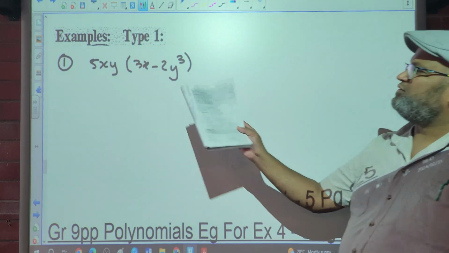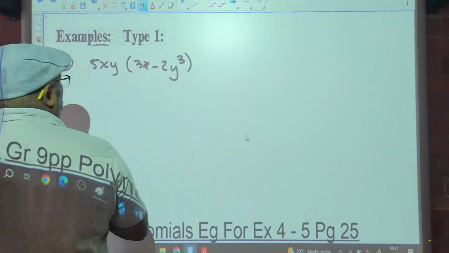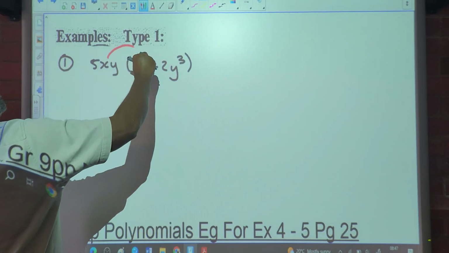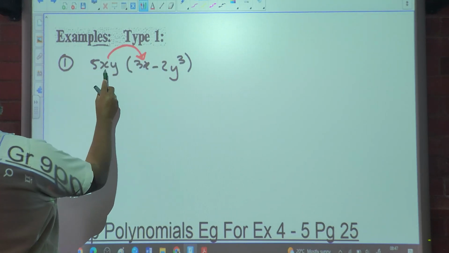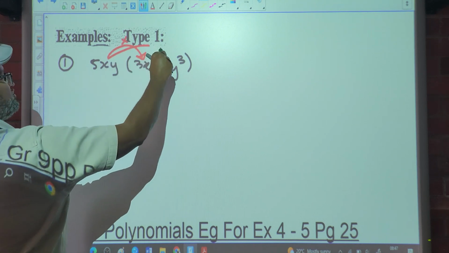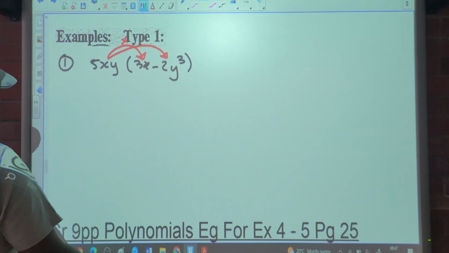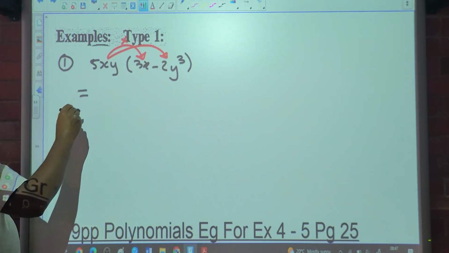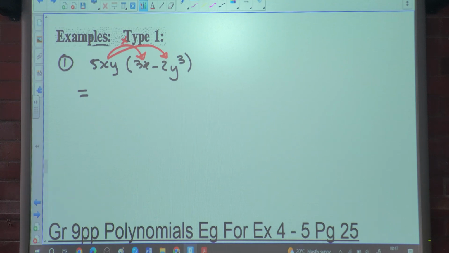Right, so what can we add, 3x minus 2y cubed? No. So what do we have to do? Multiply this up. Distributive law, no? So it's going to be 5xy multiplied by 3x, 5xy multiplied by negative 2y cubed. So write your answers in quickly.